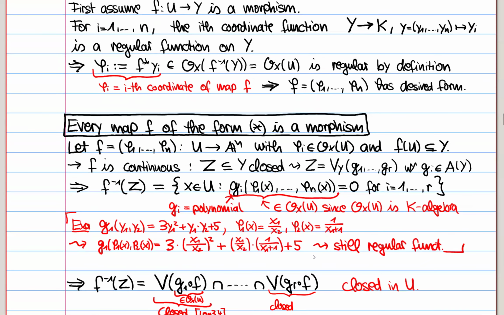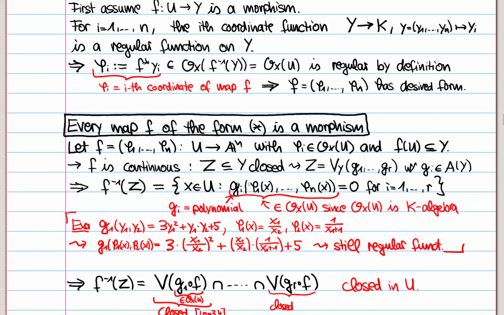And that's a bit abstract. So maybe as an example, g might be such a polynomial here in the y_i. The phi might be some regular functions, in this case actually given by quotients of polynomials. And then if you plug this in, you just enter these terms here, and then you see what you get is still a regular function because you can expand it and still get polynomial divided by polynomial.